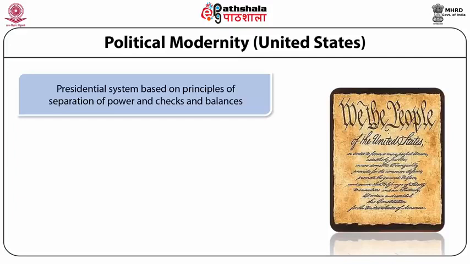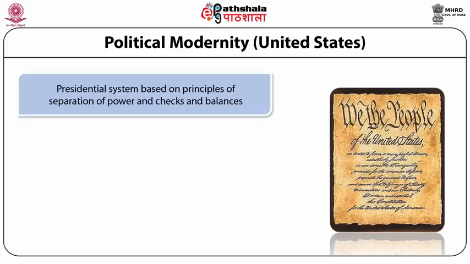But it also adopted the principle of checks and balances in order to keep a check on the powers of each of these institutions. It was found that there have been times when these institutions have bypassed their powers, but their powers were checked through the principle of checks and balances.